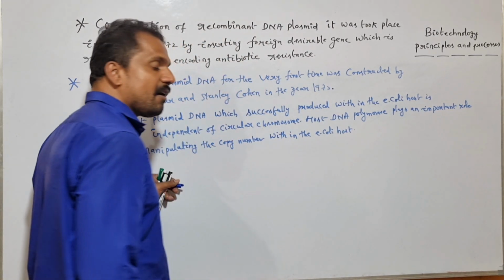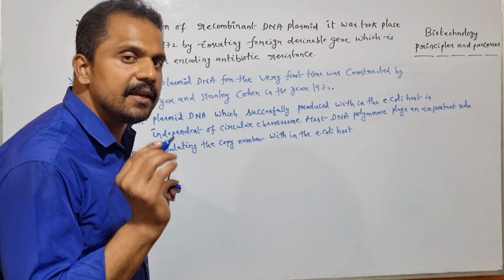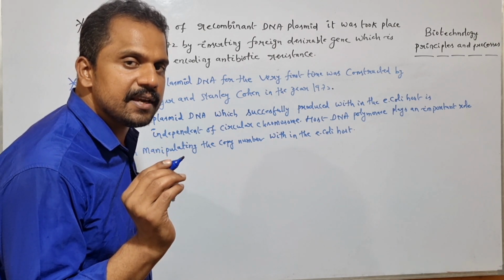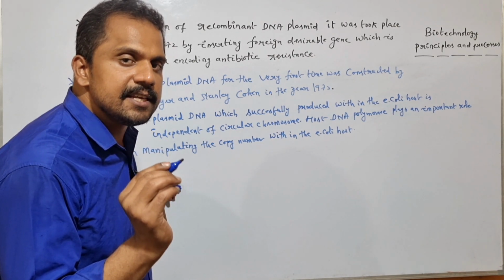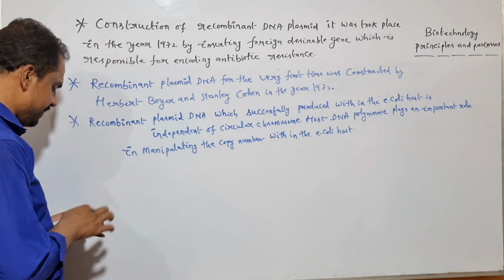And here, in order to regulate the formation of the recombinant plasmid DNA, there is a requirement of specific enzymes like restriction enzymes and DNA ligase. So what is the role of restriction enzymes here?